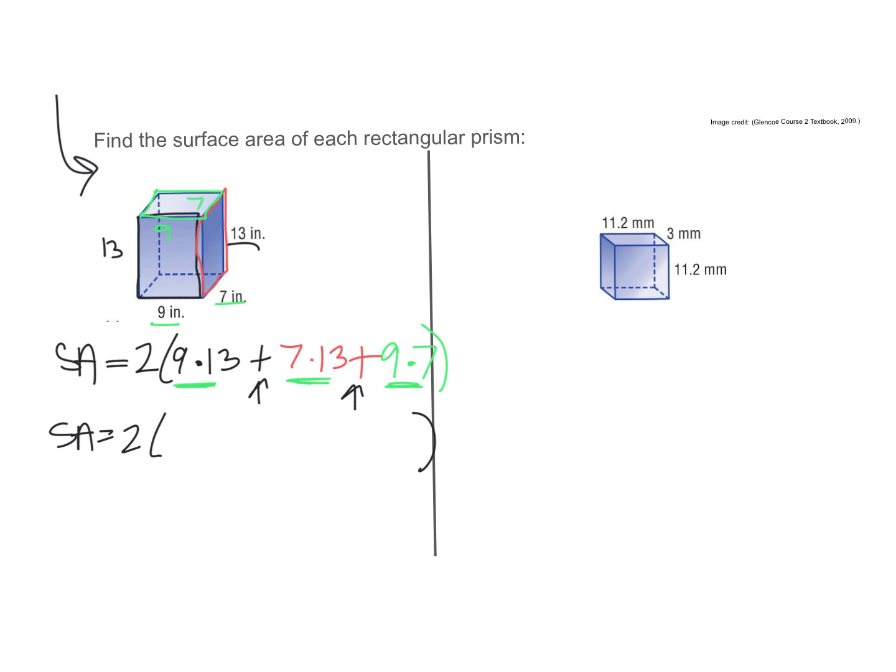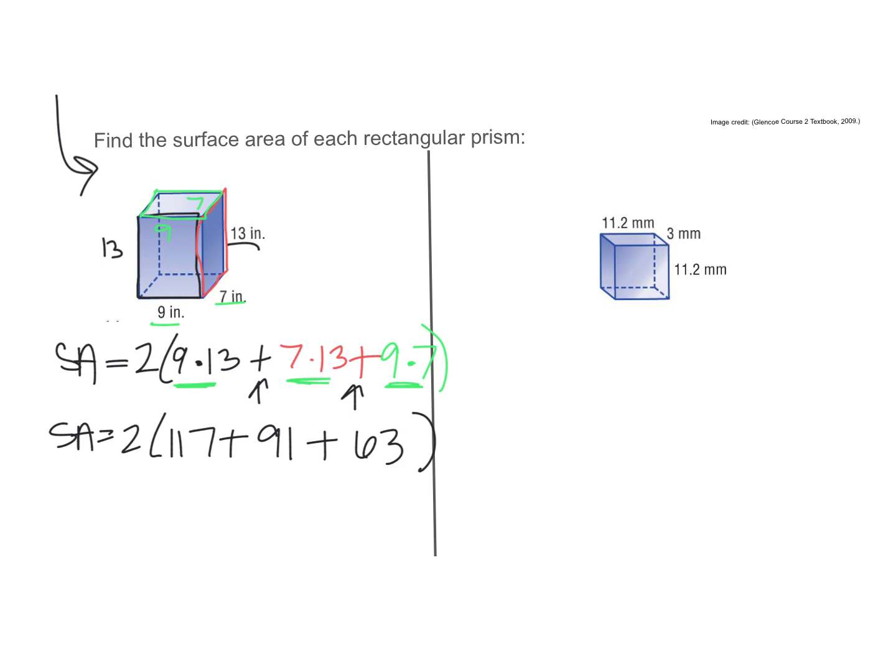So 9 times 13 is 117. And then 7 times 13 is 91. And then 9 times 7 is obviously 63.